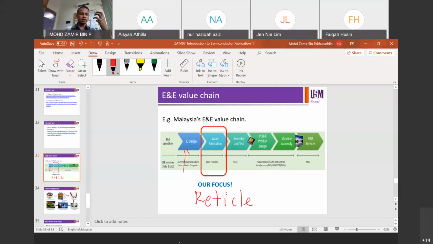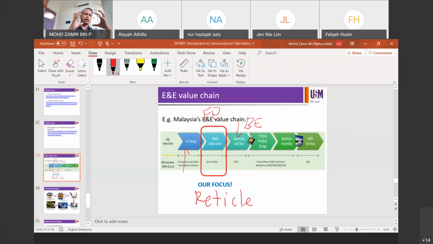So the circuit has to be designed first, then only you can use your circuit in wafer fab and to do all the fabrication process. So the moment wafer fab is done, we're going to end up with wafer yang banyak, yang penuh dengan chips, right? So then we're going to send to assembly and test. So this is the front end, wafer fab ni. Sini back end. Back end is assembly and test.